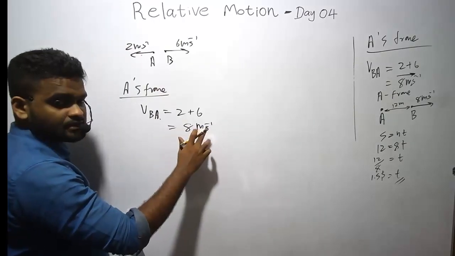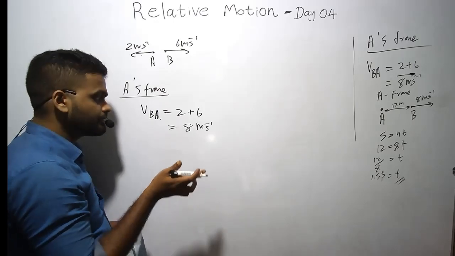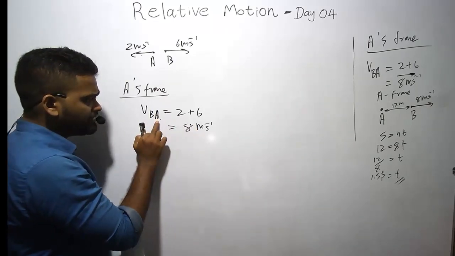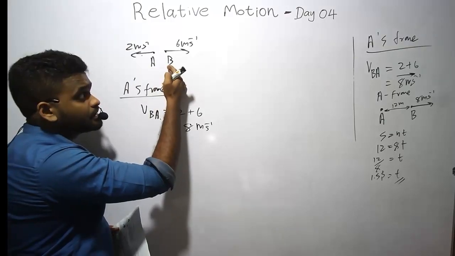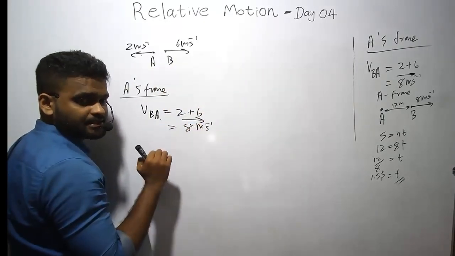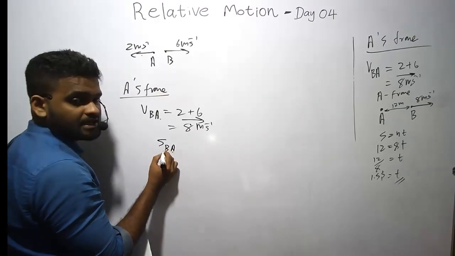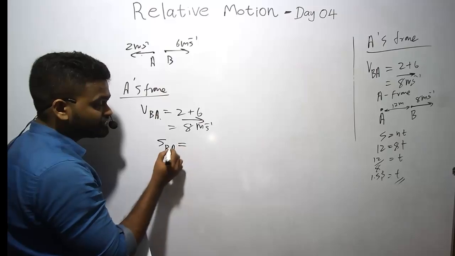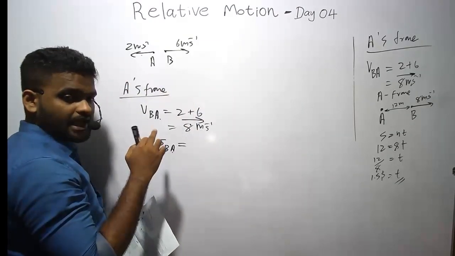What's the direction? Direction is not necessary, but for explanation, I'll do that. If A is stopped, what do you see? B is moving in this direction at 8 meters per second. And the displacement done by B is, because A is stopped, the whole displacement has to be done by B.